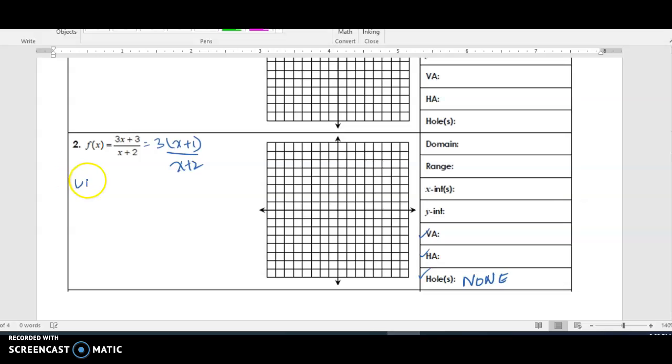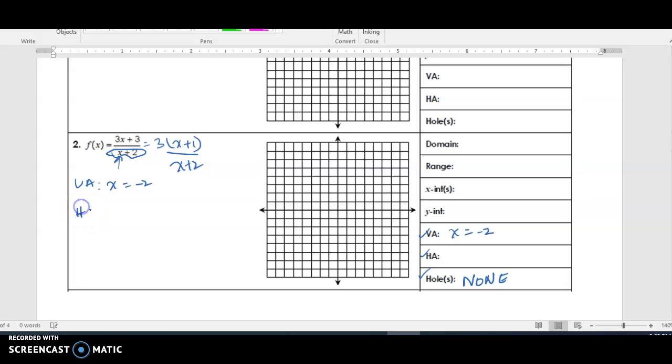Next, we'll come to the vertical asymptote. Whichever is left in the denominator, equate it to 0 and solve for x, which means that the value of -2 substituted here will make the denominator 0, and that is what we do not want to happen. So that is where this particular asymptote lies, and its equation is x equal to -2, right?